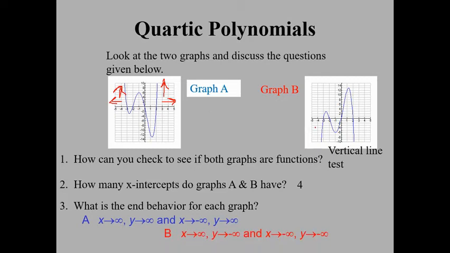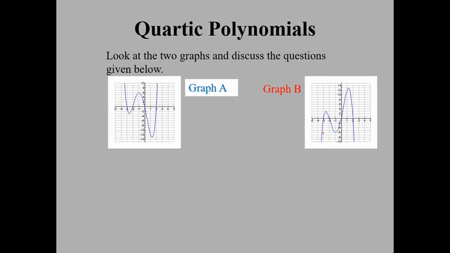If we look at B, notice that as x goes to infinity, y is going to negative infinity, and as x goes to negative infinity, y is still going to negative infinity. So the y's for your even functions are always in the same direction, no matter if x is going to infinity or negative infinity.